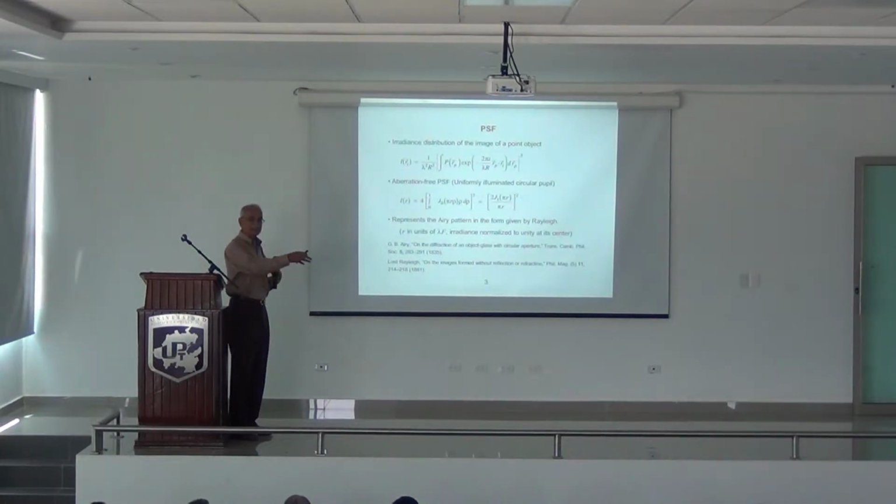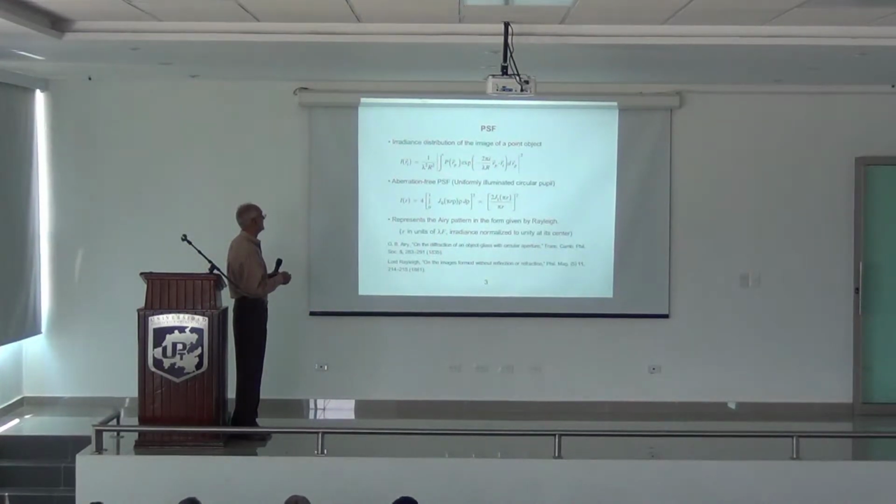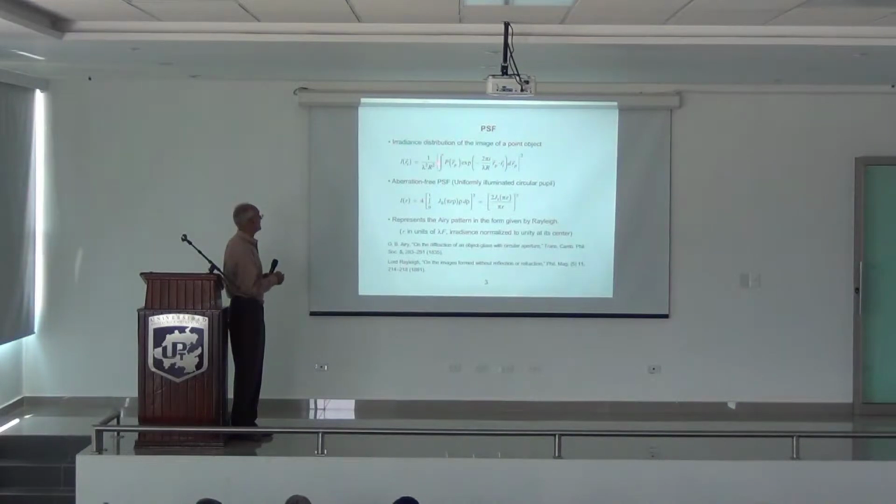R is the distance at which the image is being formed, so to say. In the case of a beam, it will be the focal distance. The integration is done over the pupil. If it's a circular beam, it's integration over a circular region. And this integral is the Fourier transform of the pupil function. And we take the modulus square because we are interested in the irradiance, not the complex amplitude, but the irradiance, power per unit area. 1 over r square represents the inverse square law.